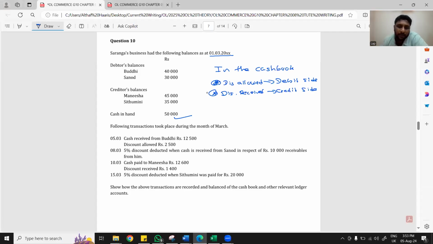Assets will have debit opening balances. Liabilities, creditors are liabilities, will have credit side opening balances. Debtors will have debit side opening balances. Creditors will have credit side opening balances.